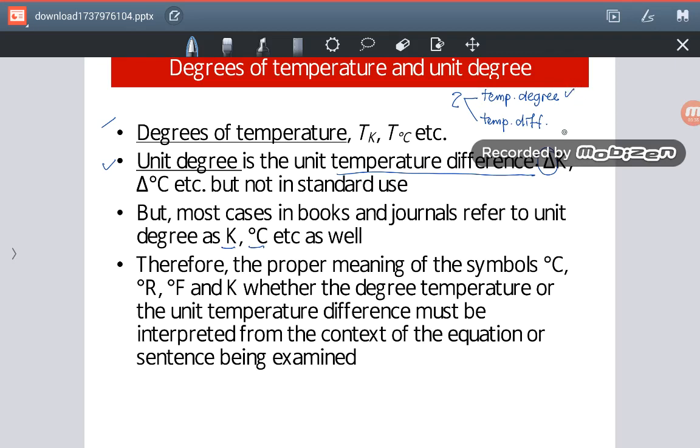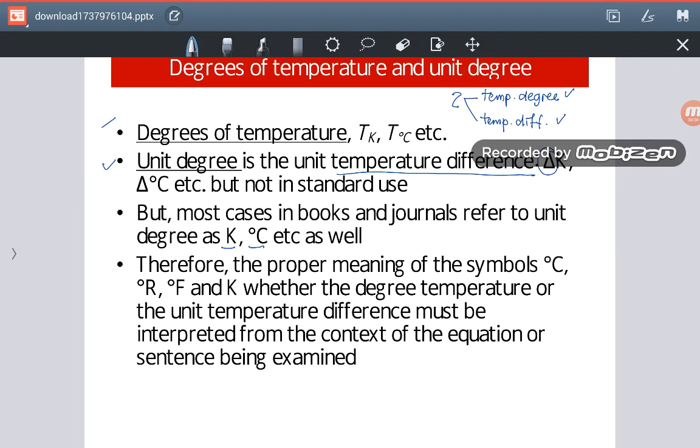However, if you are referring to the difference of temperature at different times, for instance, the oven is 100 degrees C 1 hour ago, and now the temperature has been reduced to 80 degrees C, so the temperature difference is 20 degrees C. So that's about the temperature difference, and we need to differentiate between both.